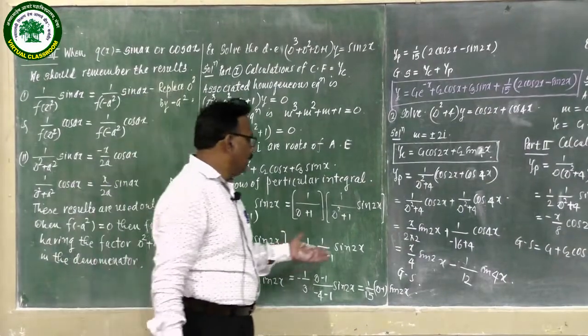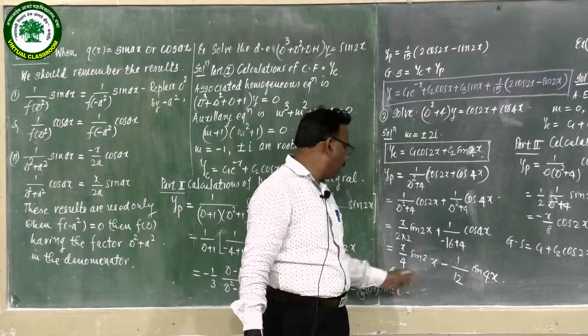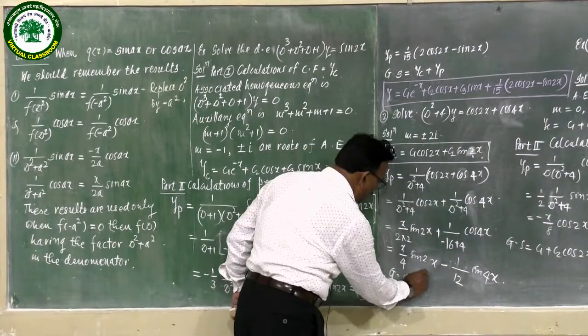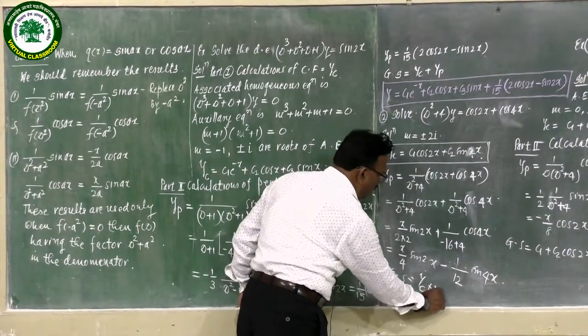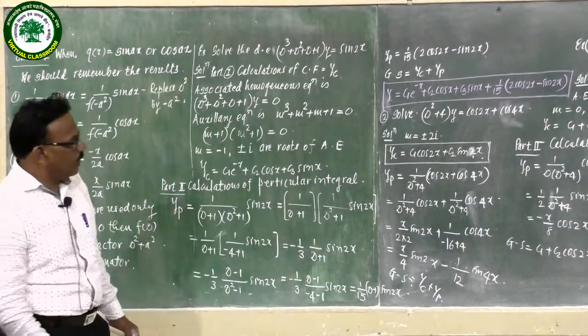And again, the complementary function is calculated, the particular integral is calculated, and the general solution is again yc plus yp. Okay. By this way, the second problem is solved.